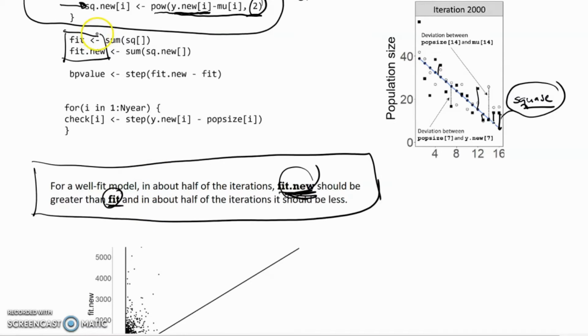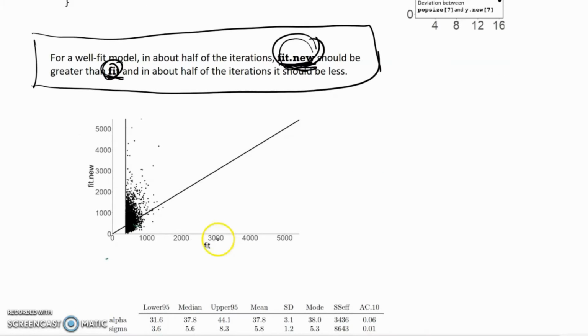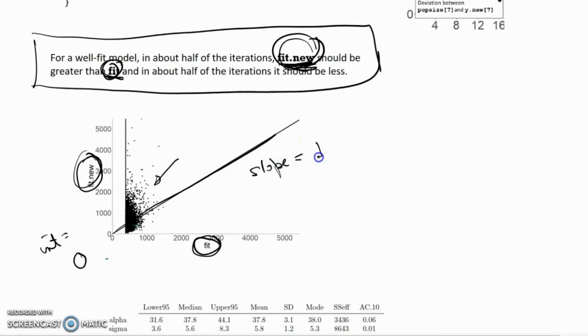So one way to see whether or not half the observations have fit new greater than fit, and the other half they don't, is to do a simple plot. So what we have is fit new on this axis, fit on this axis, and it does in fact appear to be the case that about half the time fit new is greater than this line, half the time it's less, and this is a line of equality that says that the intercept is equal to 0 and the slope is equal to 1.